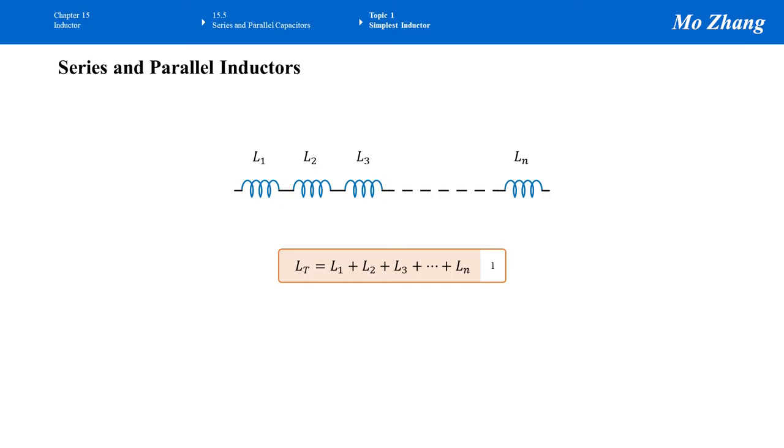If all these inductors are connected in series, the total inductance, let's call it Lt, equals the sum of all these individual inductances. That is L1 plus L2 plus L3 plus all the way to Ln. We can conclude that when inductors are connected in series, the total inductance is additive.